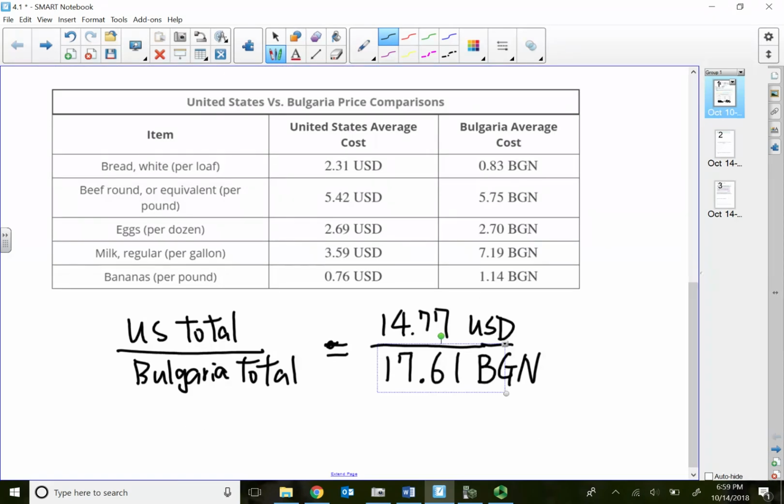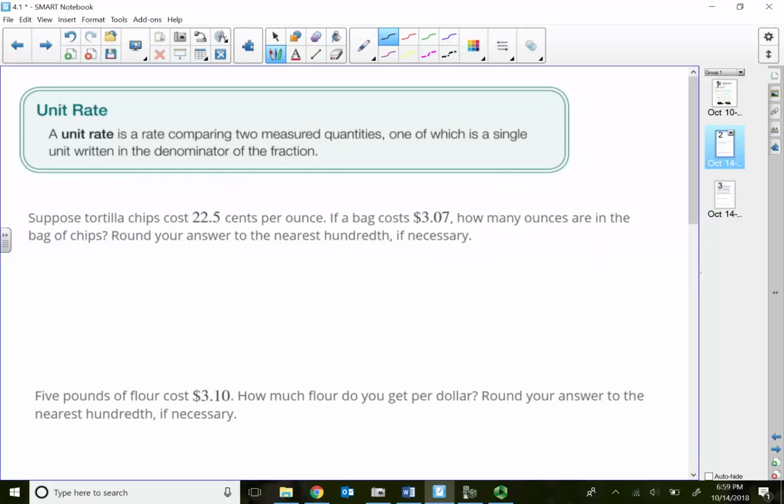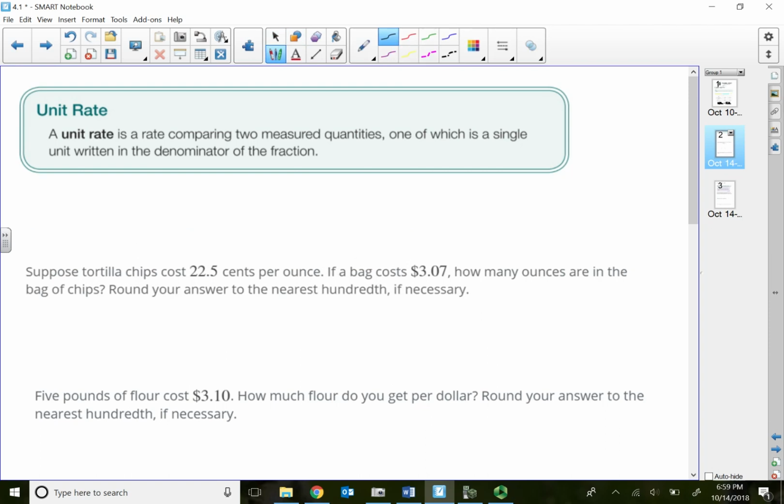Now, what we normally encounter is unit rates. A unit rate compares two measured quantities, one of which is a single unit written in the denominator of the fraction. A single unit means the denominator for a unit rate has to be 1. If I'm comparing price, so much money per gallon, the word per means for 1.